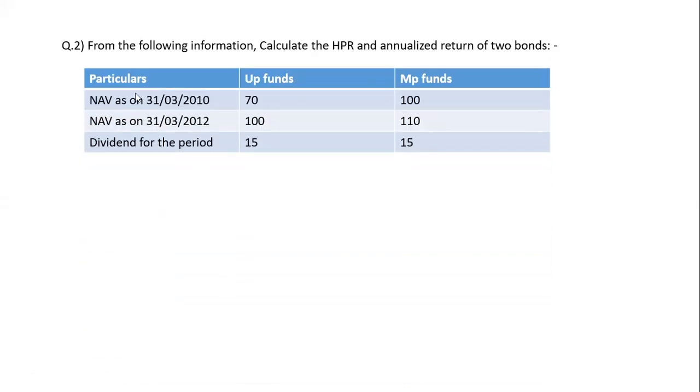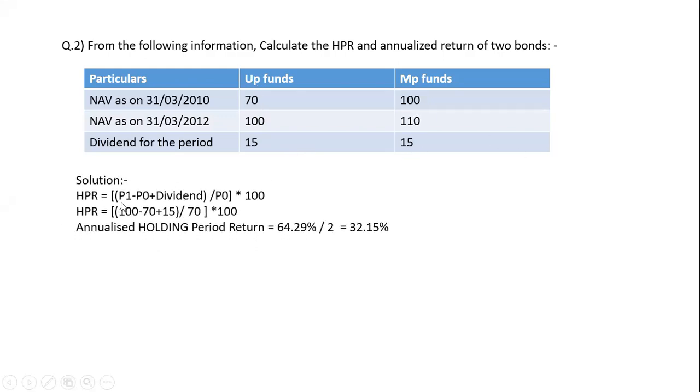Second sum. Again, the prices of these two mutual funds: in 2010 it was 70. This is the beginning price, this is the price at the end of holding period. 100, you sold at 100, you bought at 70. MP funds you bought at 100, you sold at 110. It means you held for 2 years, 2010 to 2012. Okay, dividend income is also received, 15 in this and 15 in this. Price at the end minus price at beginning, NAV at beginning plus dividend divided by price at beginning. 100 selling price minus purchase price plus income divided by purchase price 70 into 100.